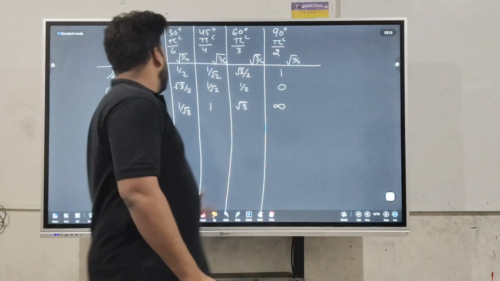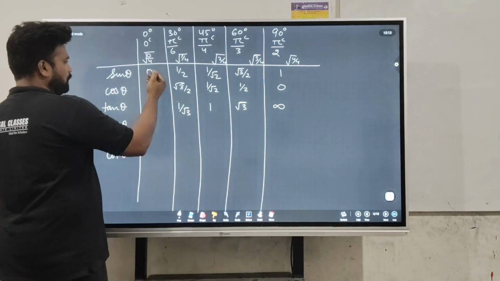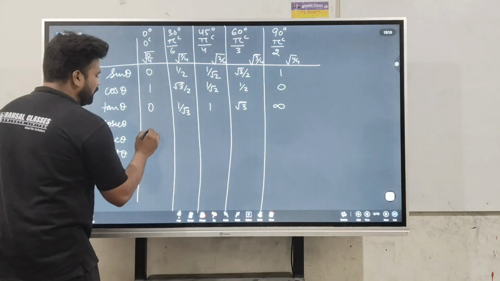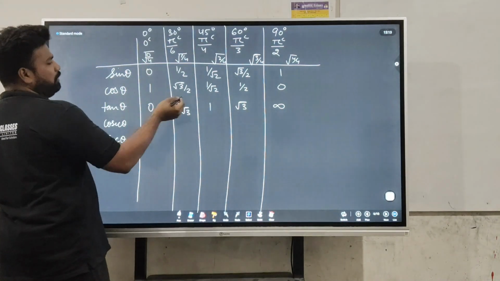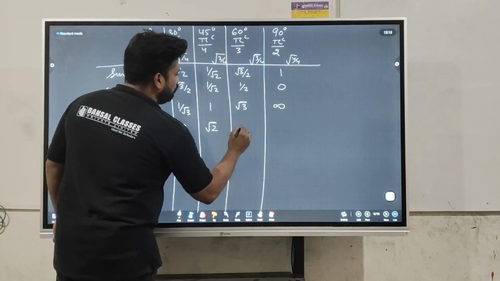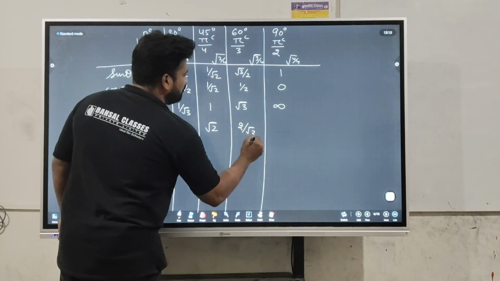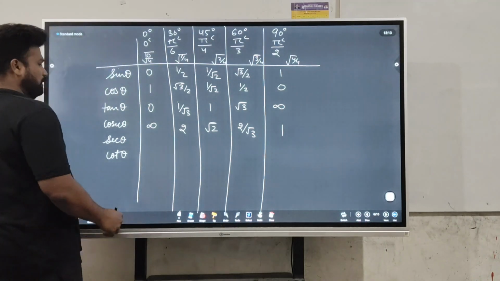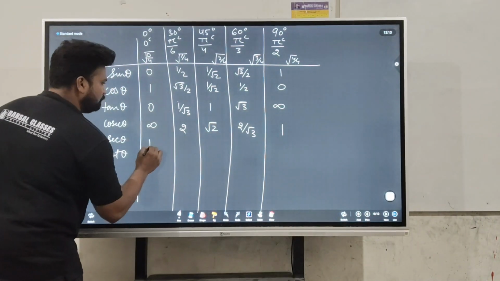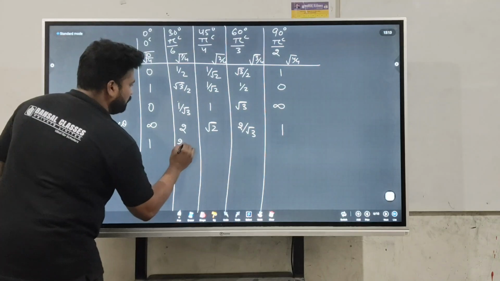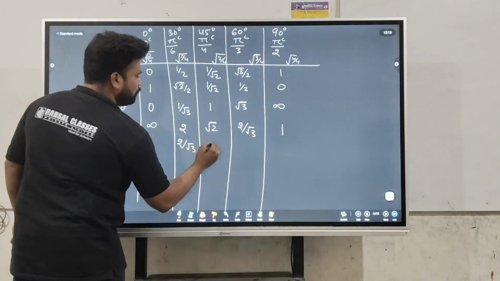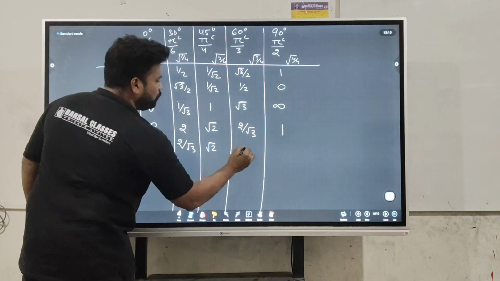Now, cosecant is the reciprocal of sine. 1 upon 0 is infinite, 2 upon 1 is 2, root 2, 2 by root 3, and 1. You can write this here also: 1 here, 2 by root 3 here, root 2 here, and 2 here.